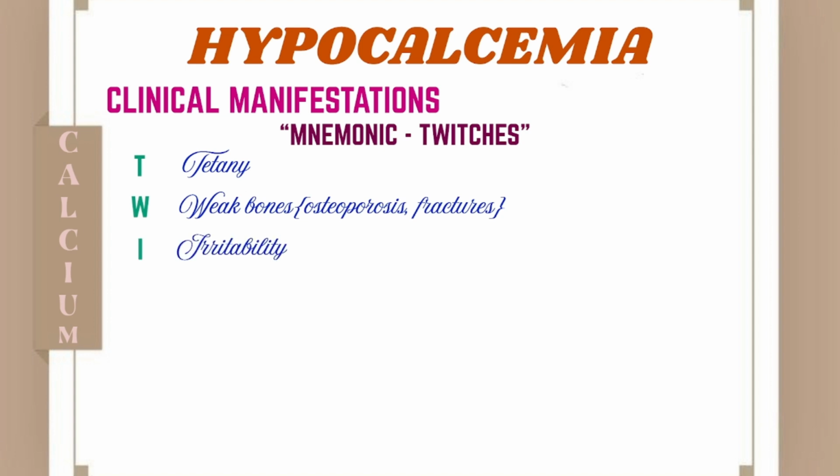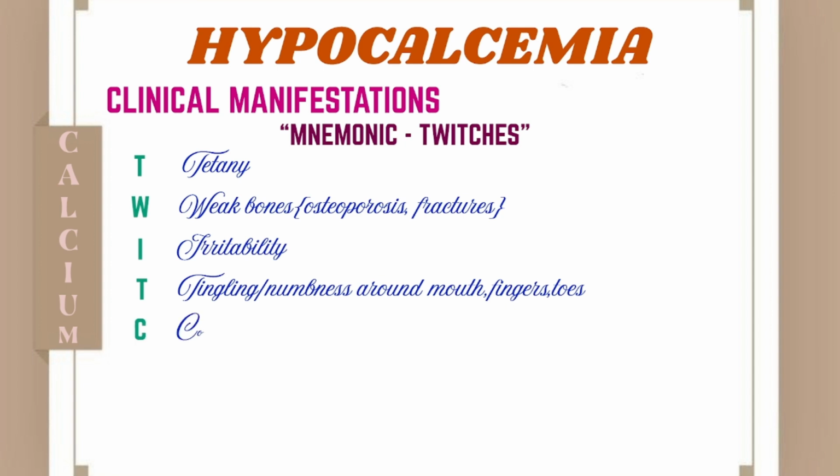I stands for irritability. As we know that due to low calcium, the nervous system will become overexcited, due to which the person will be irritable, and anxiety, confusion, or mood swings can occur. T. Tingling or numbness around mouth, fingers, toes. Tingling and numbness, that is paresthesia, will also happen because of the nerve function impairment due to low calcium level.